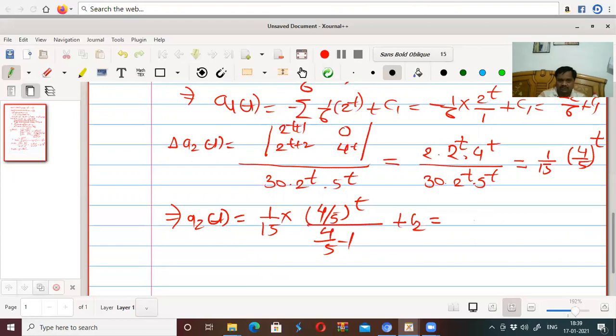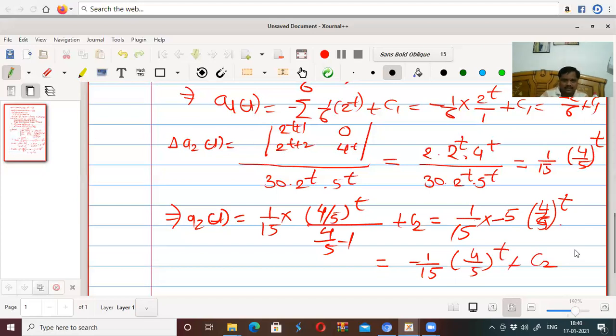This gives 1 upon 15 into, 4 by 5 minus 1, that is minus 1 by 5, and in the product it is minus 5, 4 upon 5 to the power t, which gives us minus 1 upon 15, 4 by 5 to the power t plus something C2.